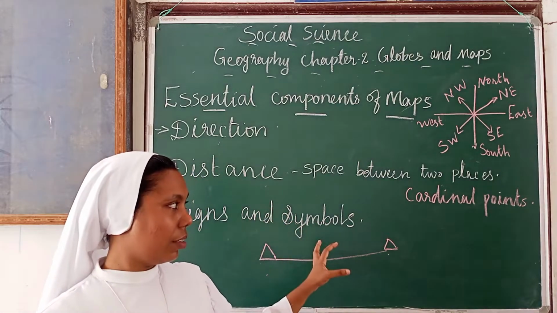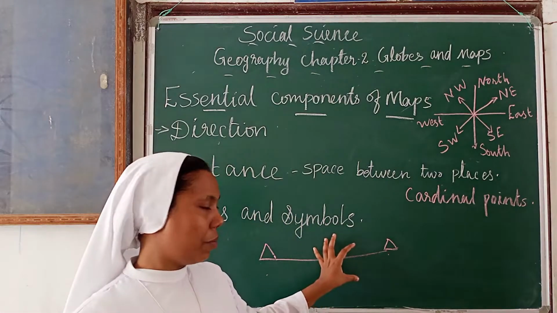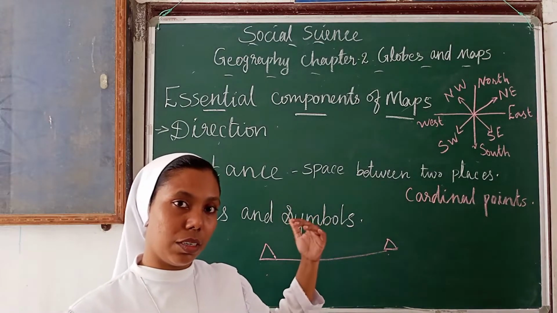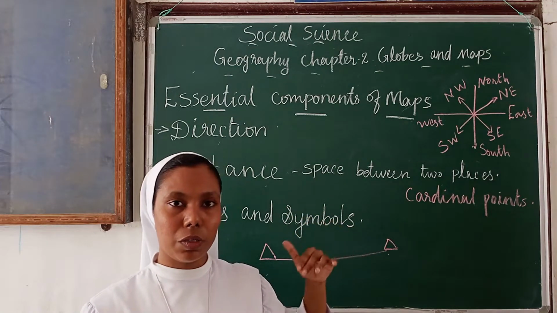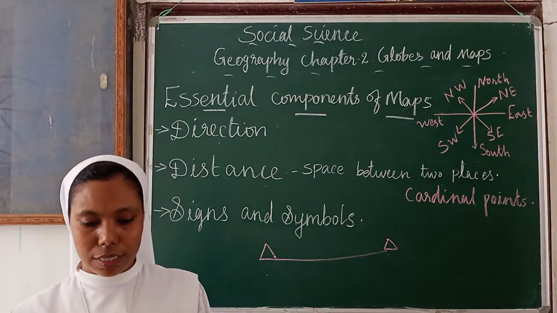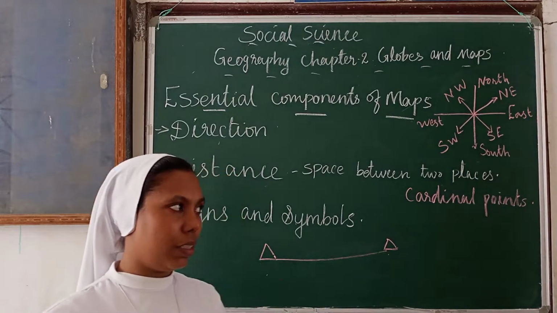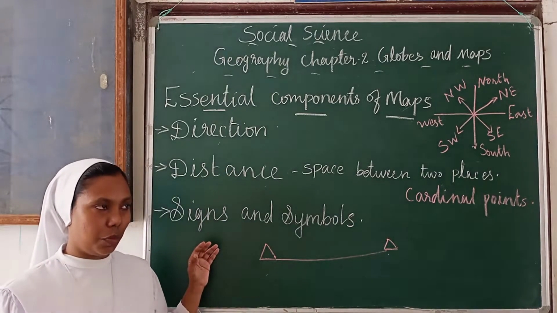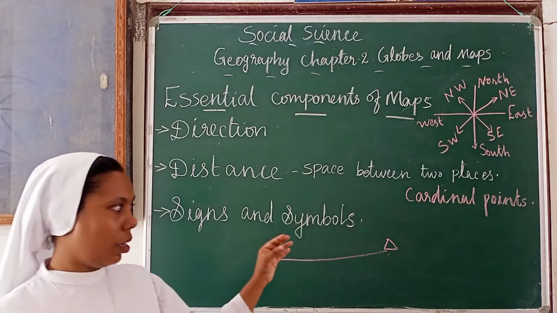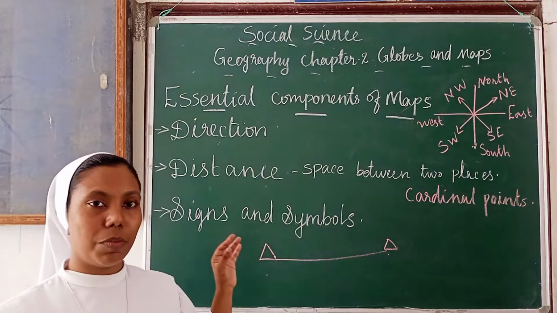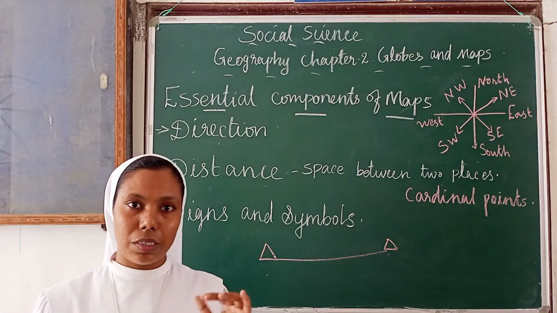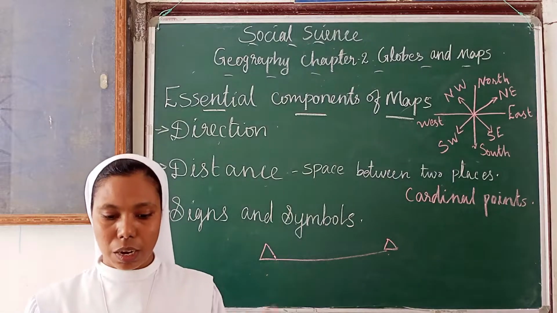So we measure places not according to time, but according to measurement. And we can see the map distance and the ground distance. What we measure on the map is known as the map distance, and what we measure on the ground is known as the ground distance.